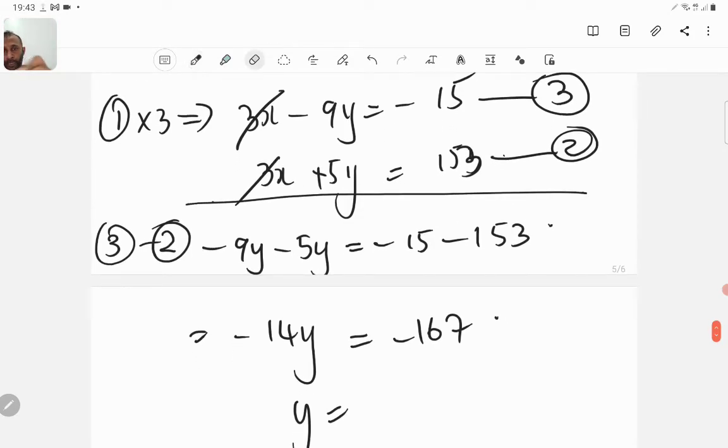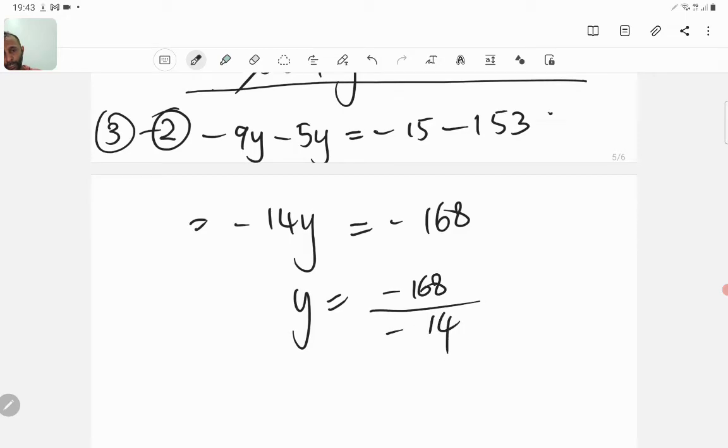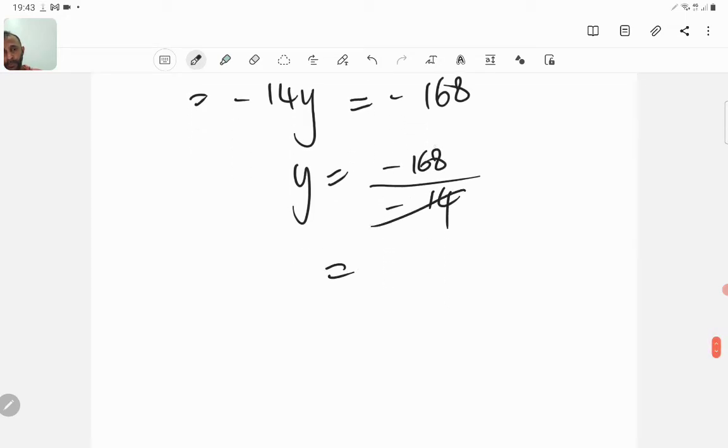There is a mistake here earlier, it should be minus 168. So y is equal to minus 168 divided by minus 14.